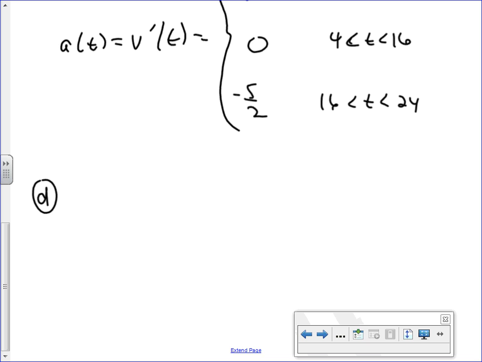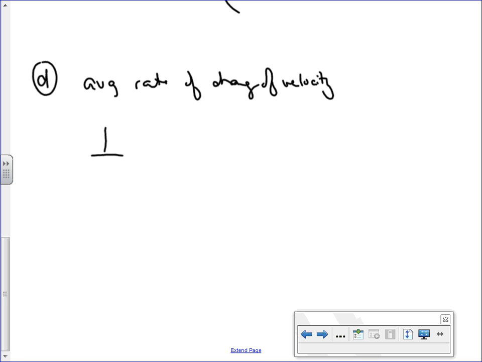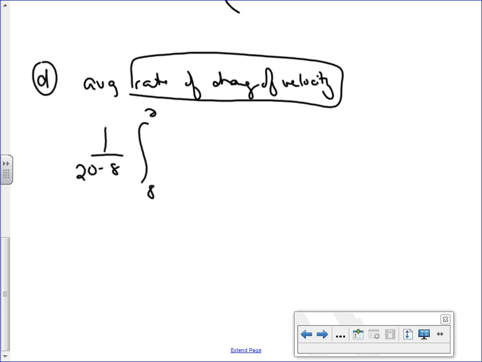It's not really a velocity acceleration question. It's just a calculus question that's put into a velocity acceleration problem. Find the average rate of change of v. How do you find the average rate of change of anything? 1 over b minus a, the integral from a to b of whatever you've been asked to find the average of.